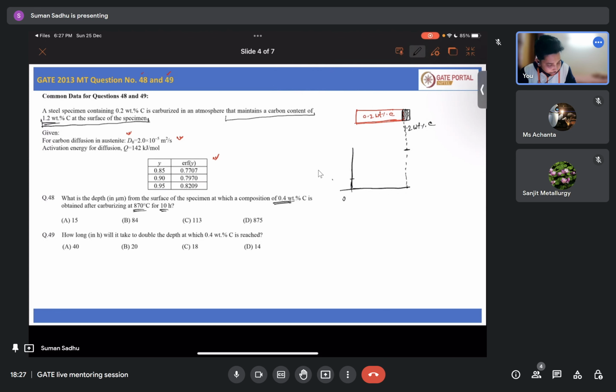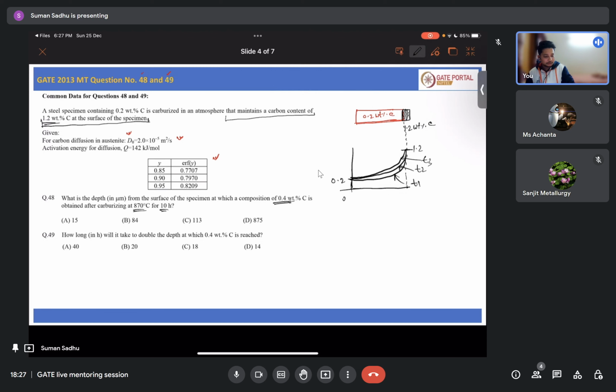and let's say somewhere here it is 0.2. Okay, so that means your concentration gradient will be like this. With time it will go like this. Let's say this is for a time t1, this is for time t2, and this is for time t3. So the profile goes on like this.